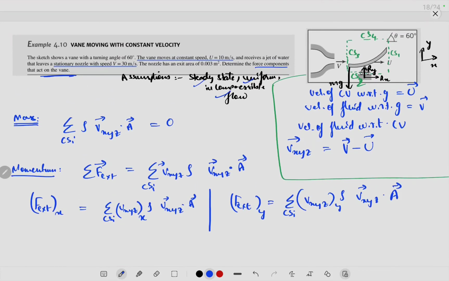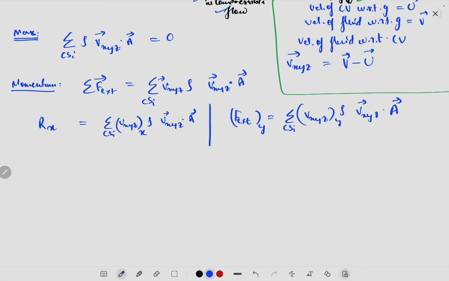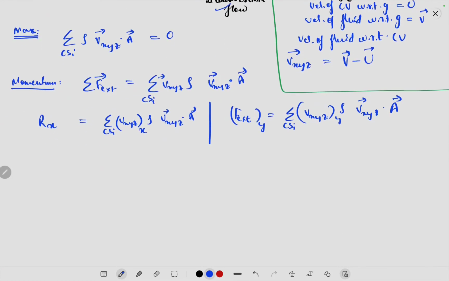The force acting along the x axis is Rx, and the forces acting along positive y axis are Ry minus mg.